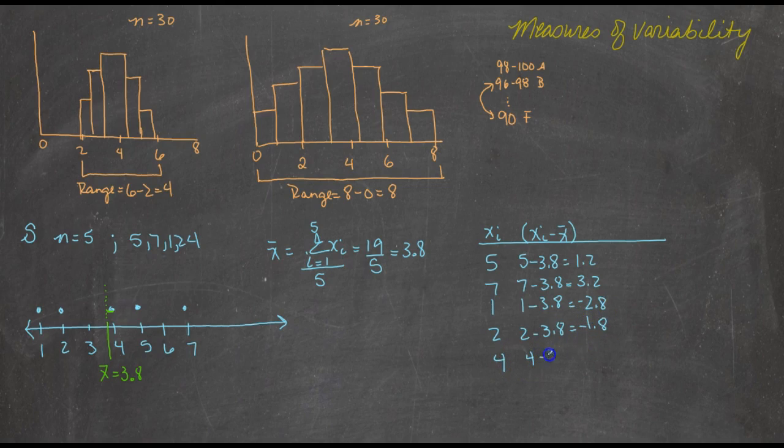And 4 minus 3.8 equals 0.2. So all I've done is look for the actual distance of each point from the average or from the mean. And I have found that distance by using this calculation, which measures the deviation of each individual measurement from the mean. So this is deviation.